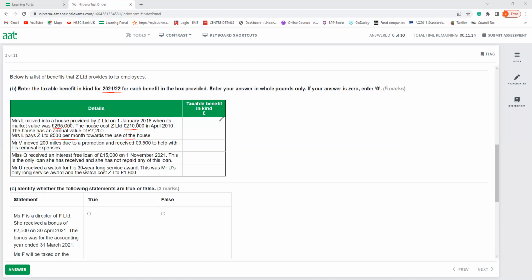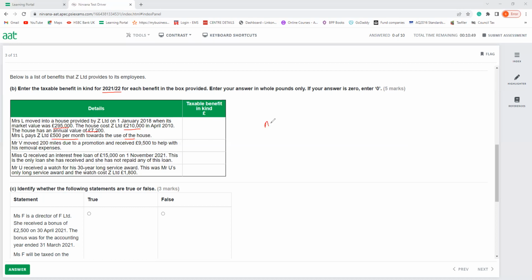Remember, if the house is purchased 6 years before the day the house is given to the employee, we always have to use market value. And if the house cost more than 75,000, then you have to use some additional rate for the luxury house. So we have annual value that is 7,200.